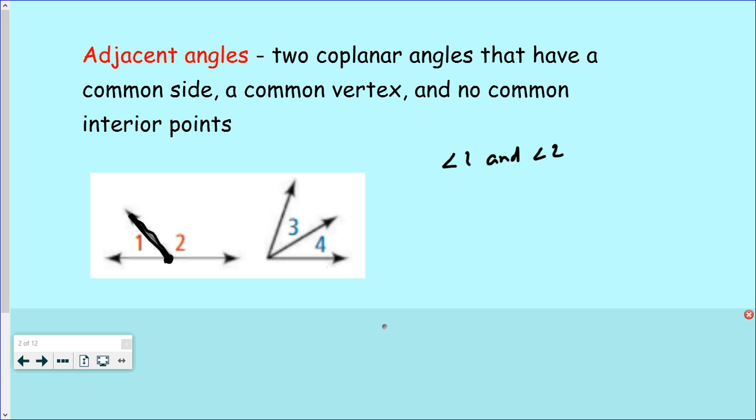So they are coplanar, no common interior. Here's the interior of 1. Here's the interior of 2. They have nothing in common. So angle 1 and angle 2 are adjacent angles. For the same reason, angle 3 and angle 4 are also adjacent.